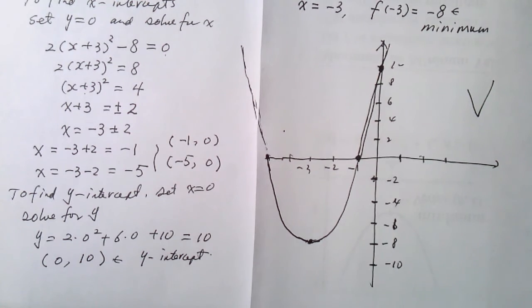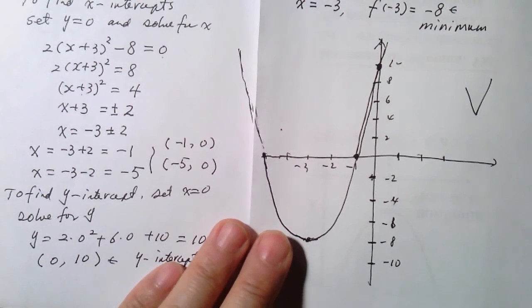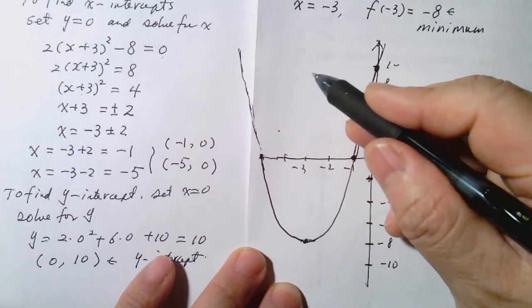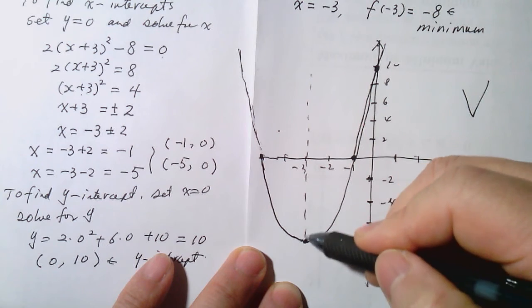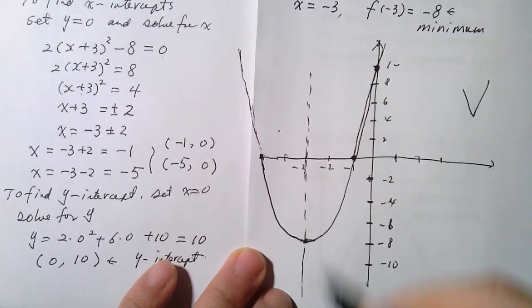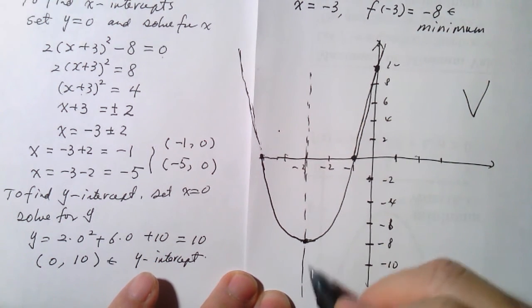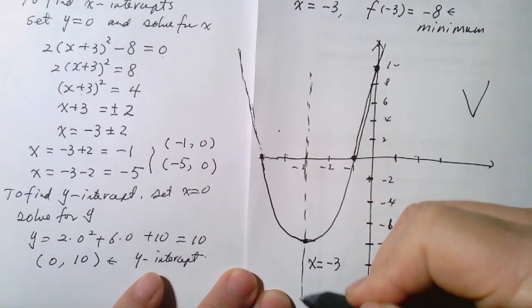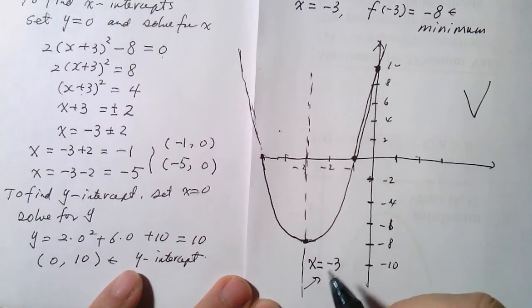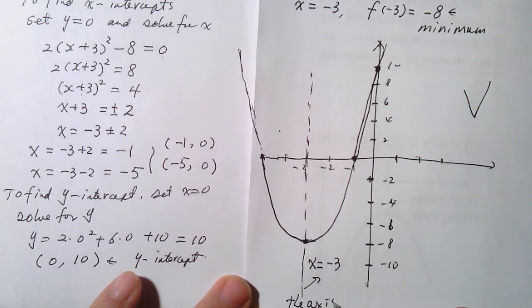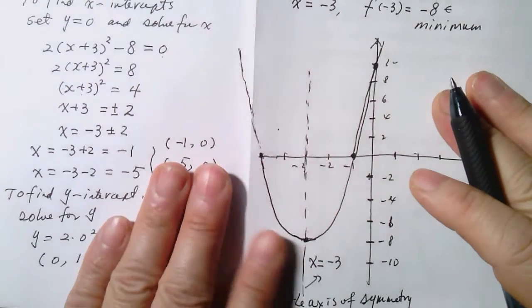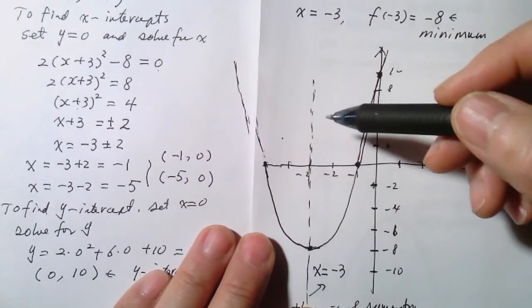Remember, the graph of a quadratic function is always a parabola, always symmetric about a vertical line which passes through the vertex. In this case it is x equals negative 3. The equation of this line is x equals negative 3, and we refer to this as the axis of symmetry.